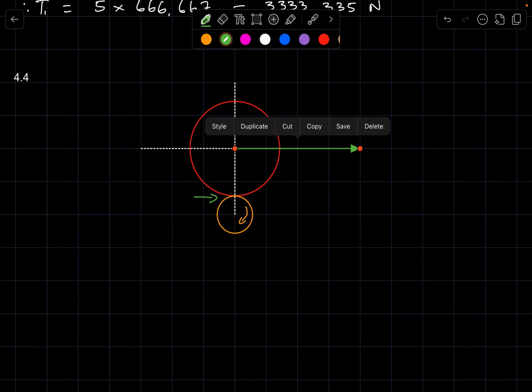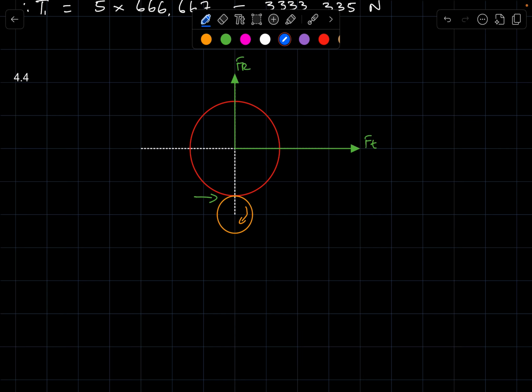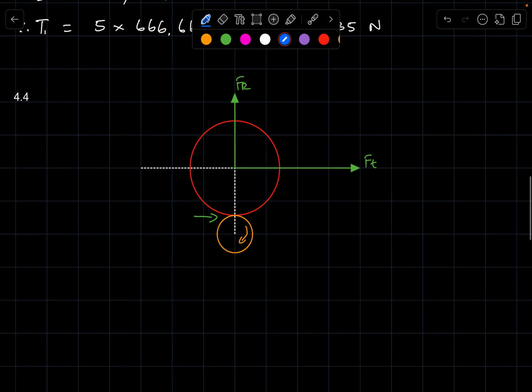Right, so this here is the tangential force. Hence, if we were to consider the radial force, it will be here, and then our normal force, being the hypotenuse of the two, would then be acting in this direction.